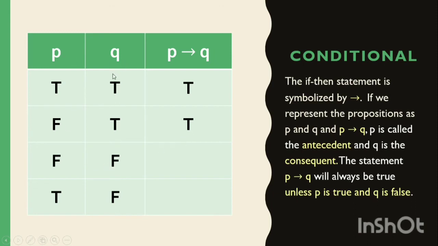If P and Q are both false, P implies Q will still be true. Now, P implies Q will only be false if P is true, or your antecedent is true, and Q, or your consequent, is false. So the statement will be false only for this case, when the antecedent is true and the consequent is false. Clear?